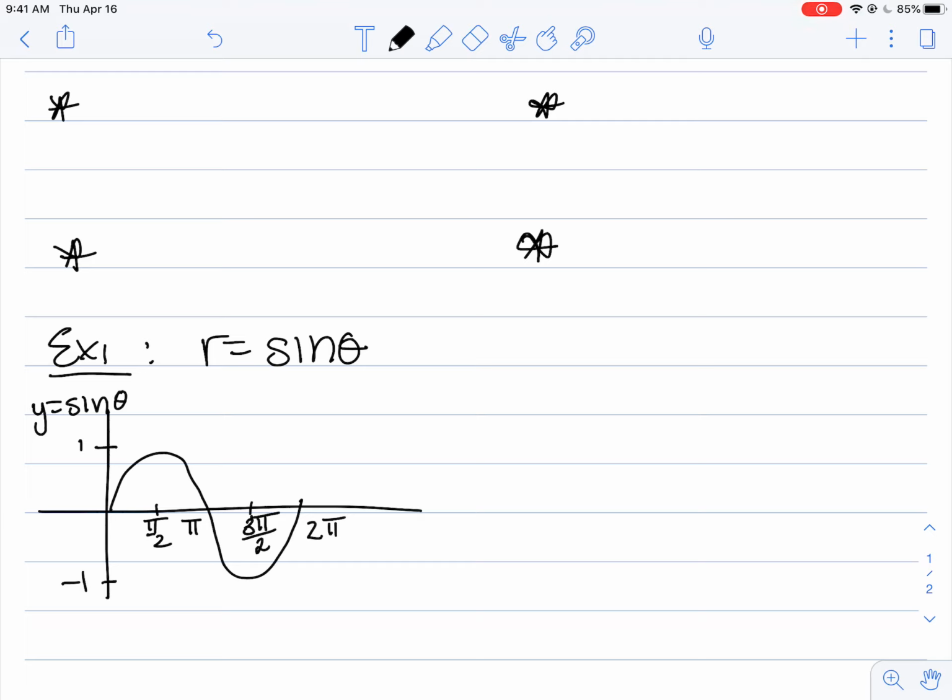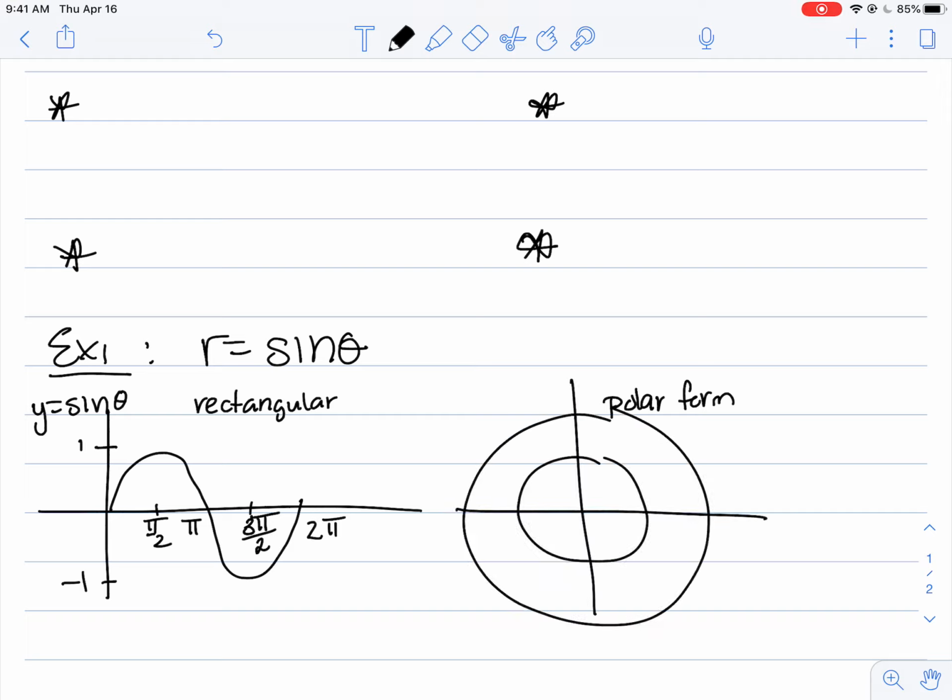So that is rectangular. In polar form, our graph looks like a bunch of rings, or our graph paper, I guess, our plane. We use the points r, theta to plot. So our input is the angle and our output is the r value.